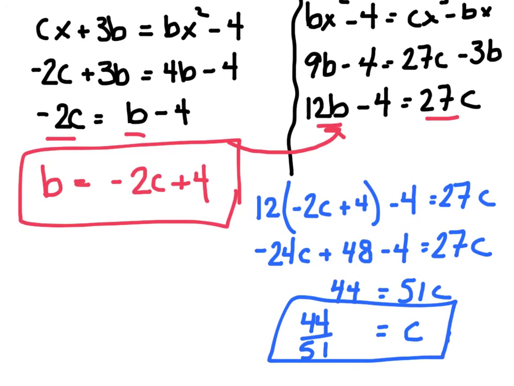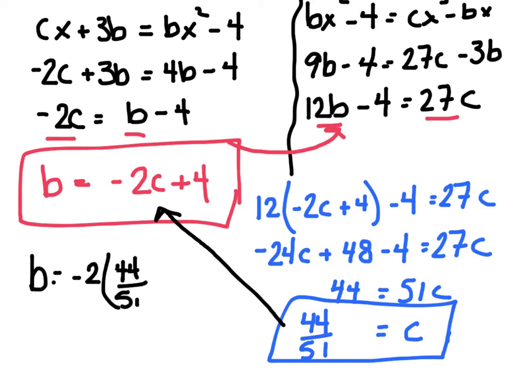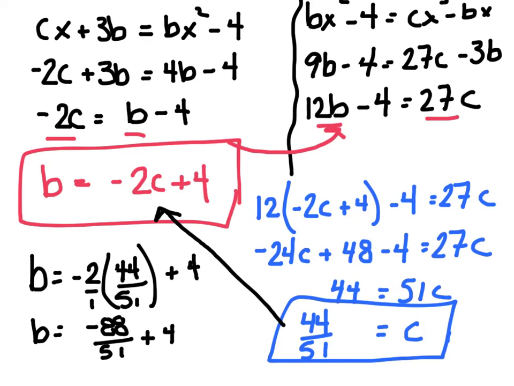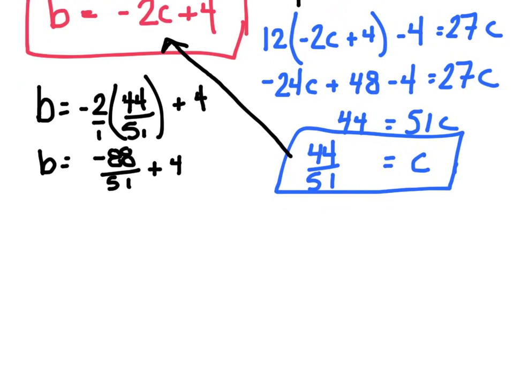Now that we know what c is, we can easily go get b. I'm just going to take that c and plug it back into this equation. So b equals negative 2 times 44 over 51 plus 4. So b equals negative 88 over 51 plus 4. Remember, that's negative 2 over 1. I'm going to quickly get myself a common denominator.